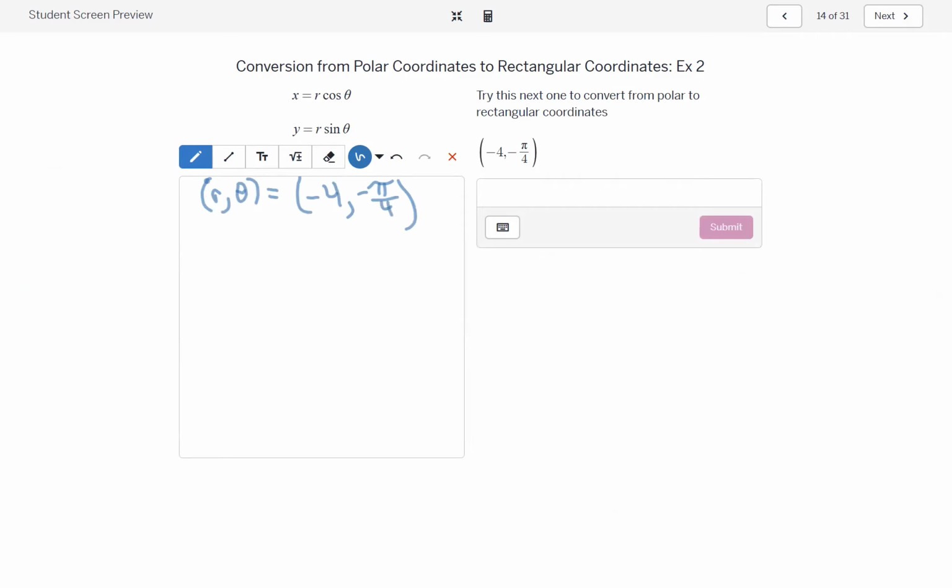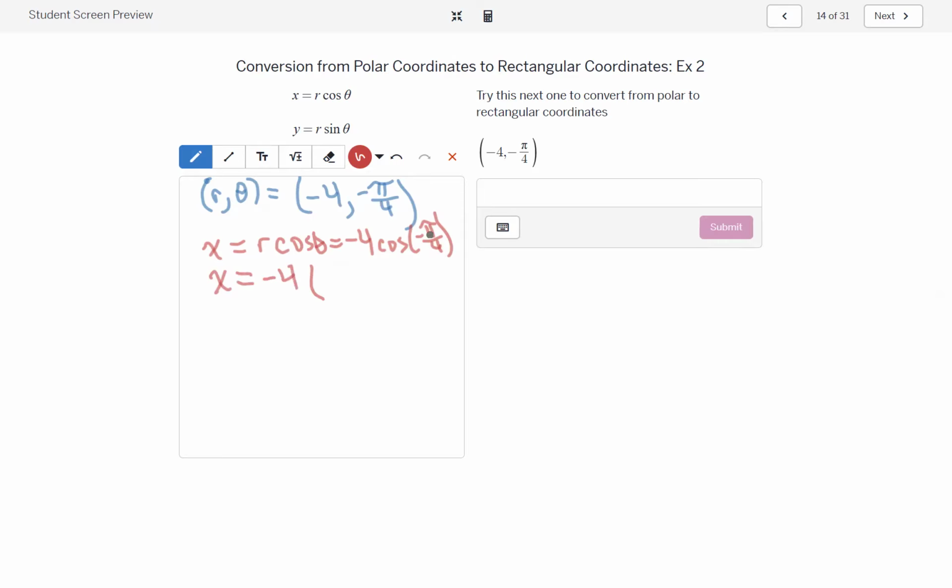This is a polar point, so it's an r theta point. So r cosine theta is -4 cosine -pi/4. So that is -4 times the cosine of -pi/4.